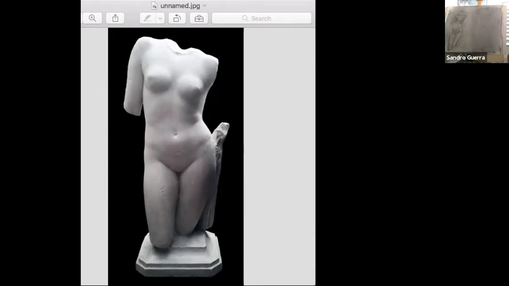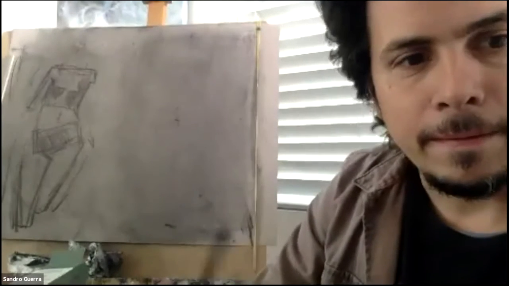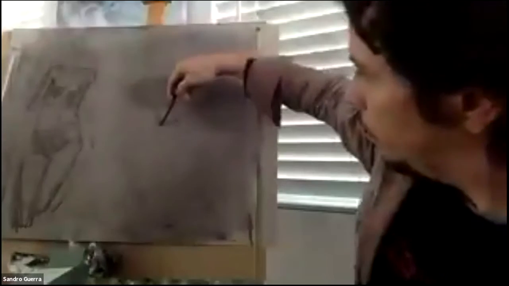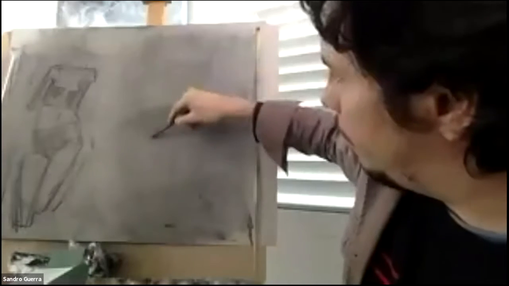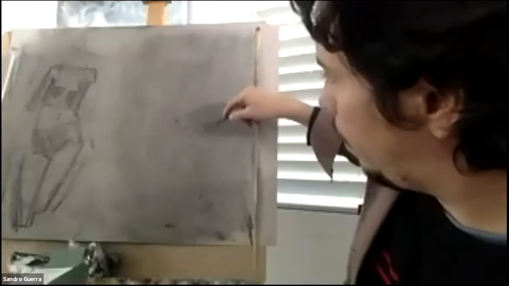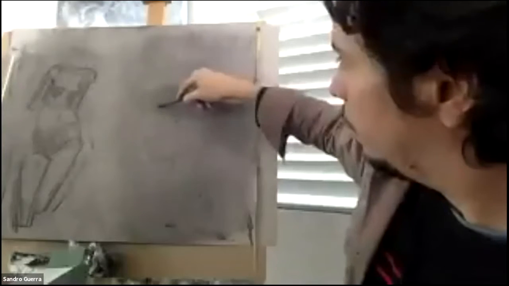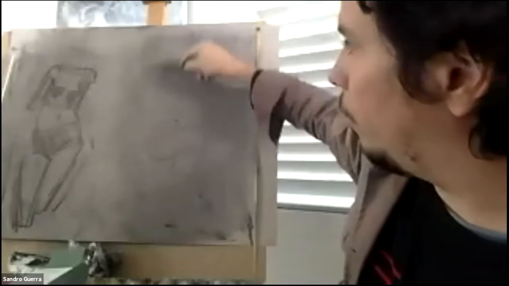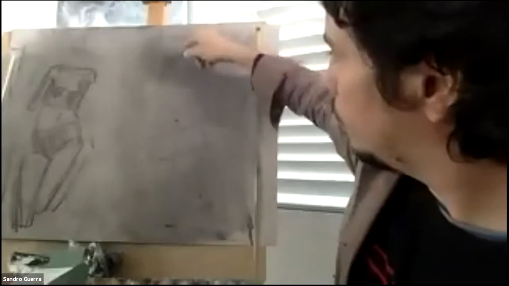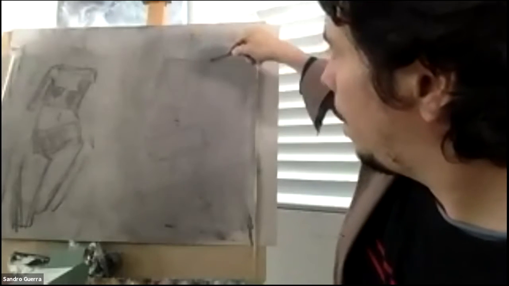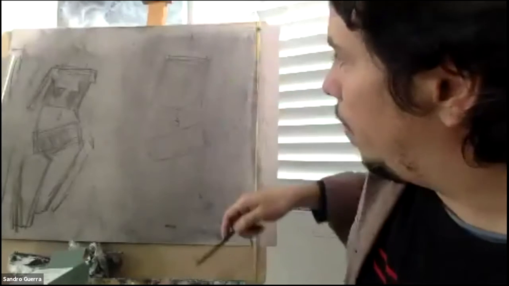So I'm going to stop sharing my screen. So if this is the belly button, the hips are going to be around here, and the rib cage is going to be around here. Actually higher. All right.